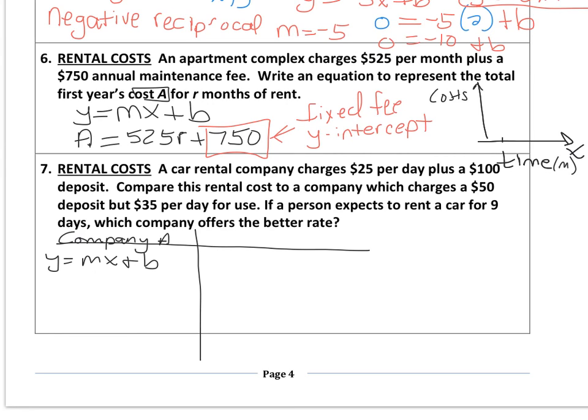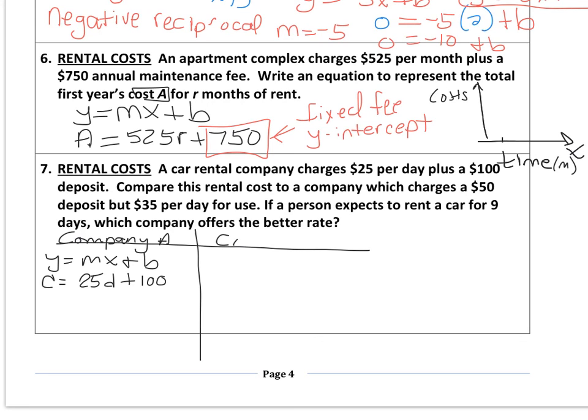So hopefully you can see that that's going to be our constant slope. Instead of using x as the independent, I'm going to just say per day. And the deposit is $100. So that's going to be like our fixed fee above. And instead of using the y variable for the dependent, I'm just going to turn that into cost. So that is Company A.